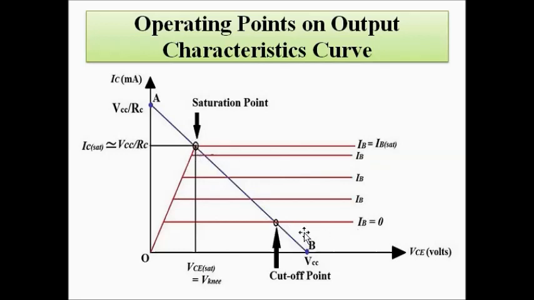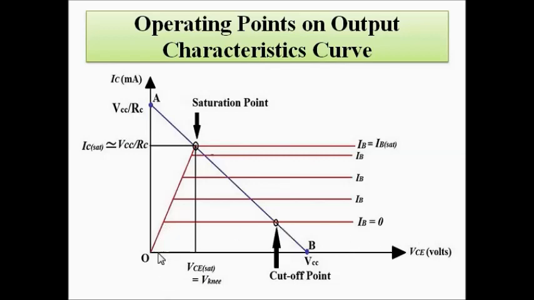Everything to the bottom of the cutoff point is the cutoff region, everything to the left of the saturation point is the saturation region, and all the space in between the cutoff and saturation points is the active region.